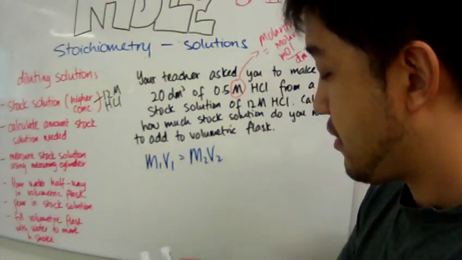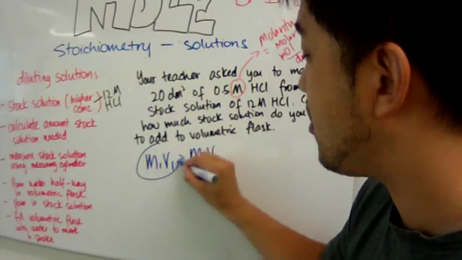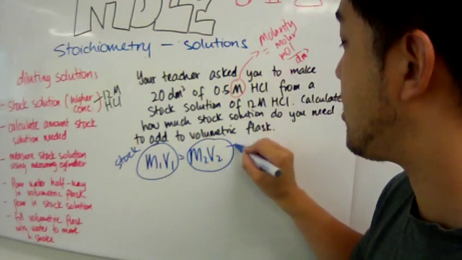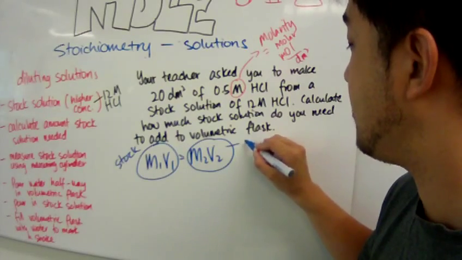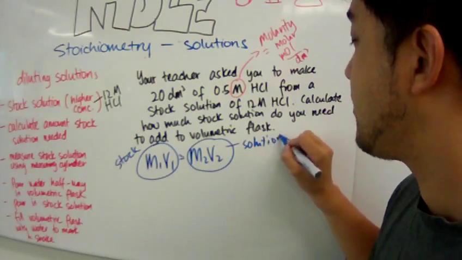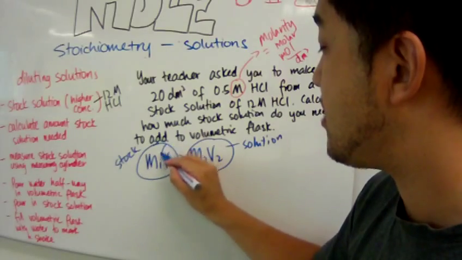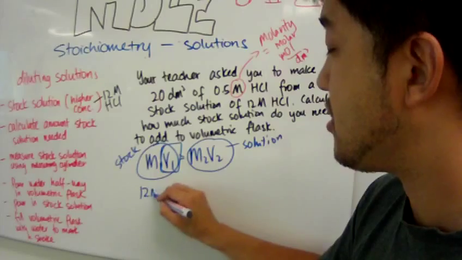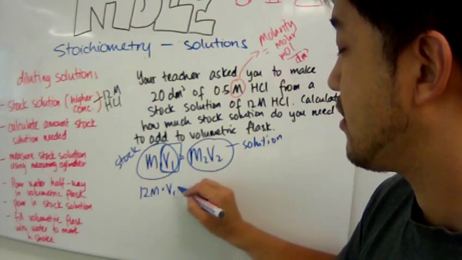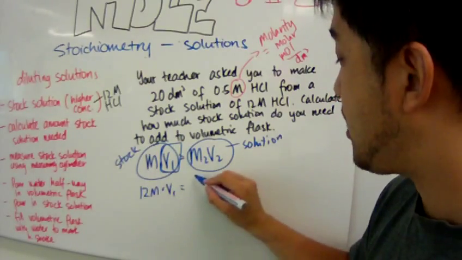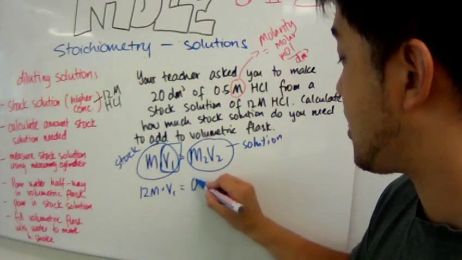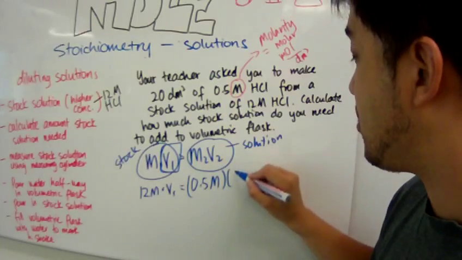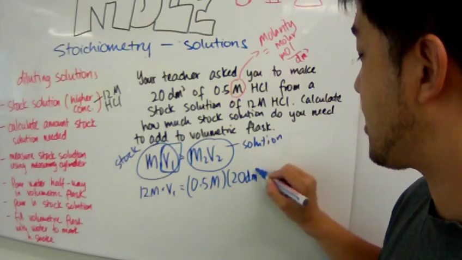In this case, this side is the stock solution, and this side is what your teacher asked you to make. What we need to calculate is the volume needed. We know the concentration of the stock, the concentration of the solution you want to make, and the volume of solution you want to make.